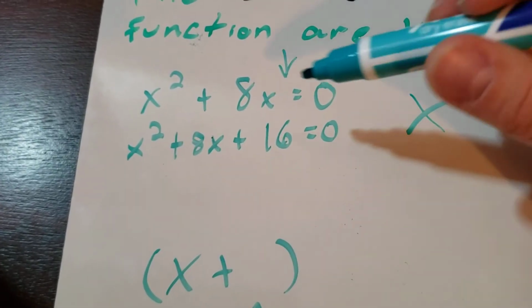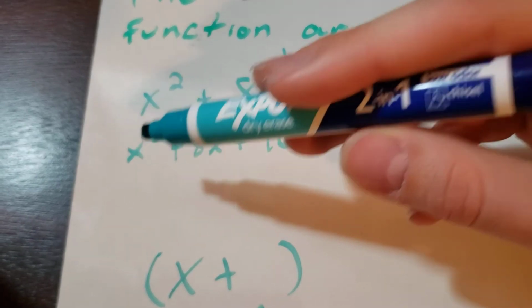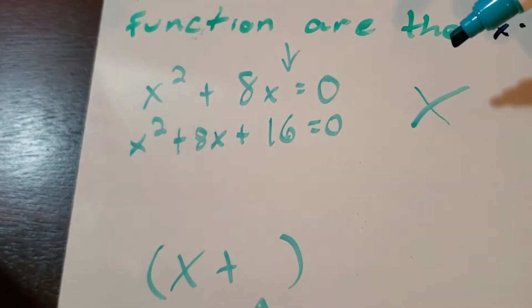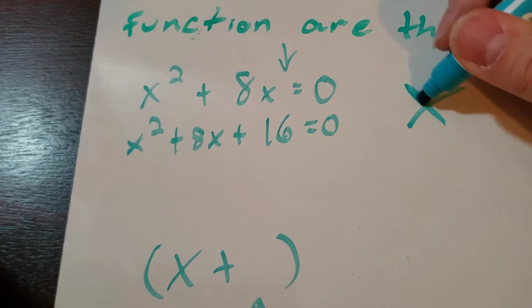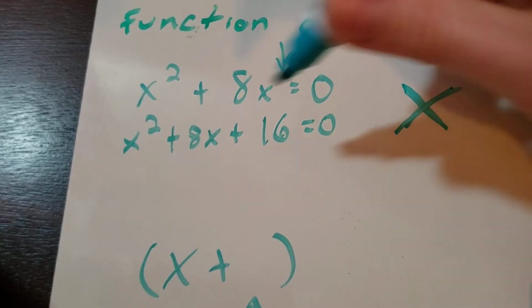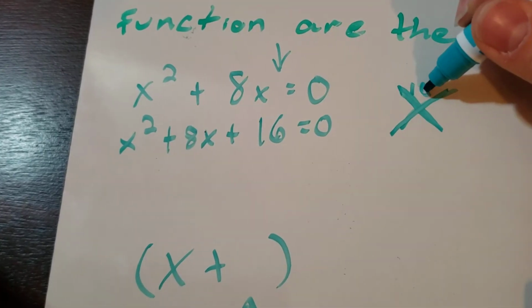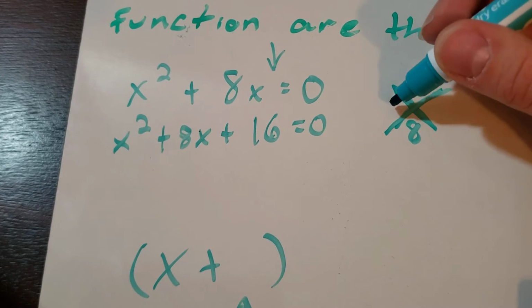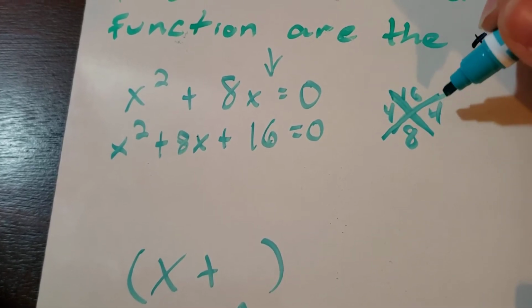Again, I don't have a coefficient, so I don't need to put it back in. That's the AC method. So I could just do my diamond problem, and I'm going to get my factors. 1 times 16, then 8 down here. What adds to 8 and multiplies to 16? 4 and 4.